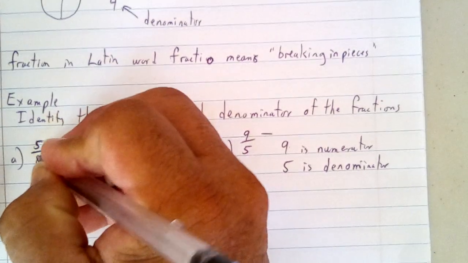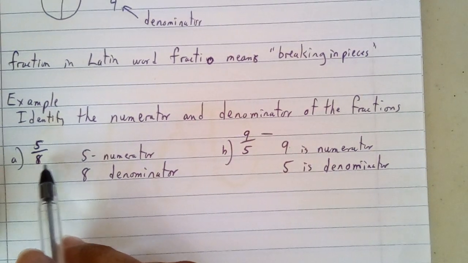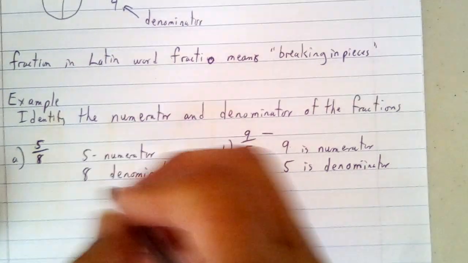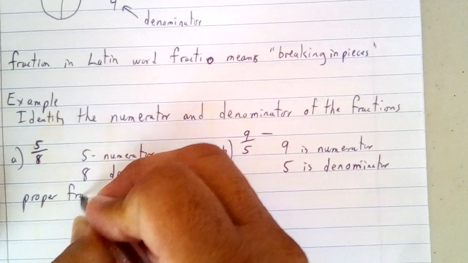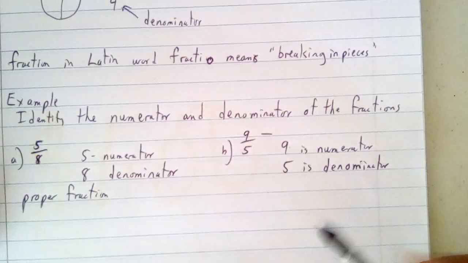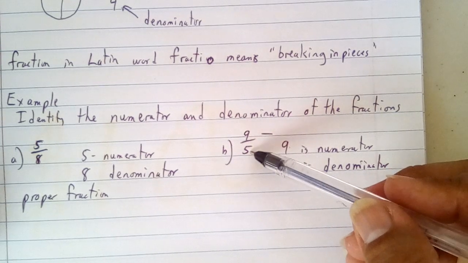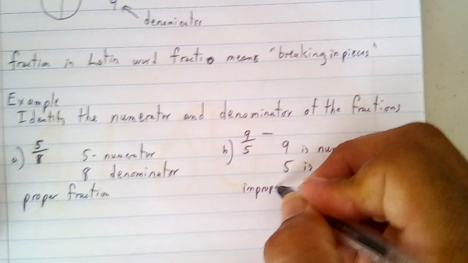So let's put, this is a proper fraction. If the numerator is larger than the denominator, then we call it an improper fraction.